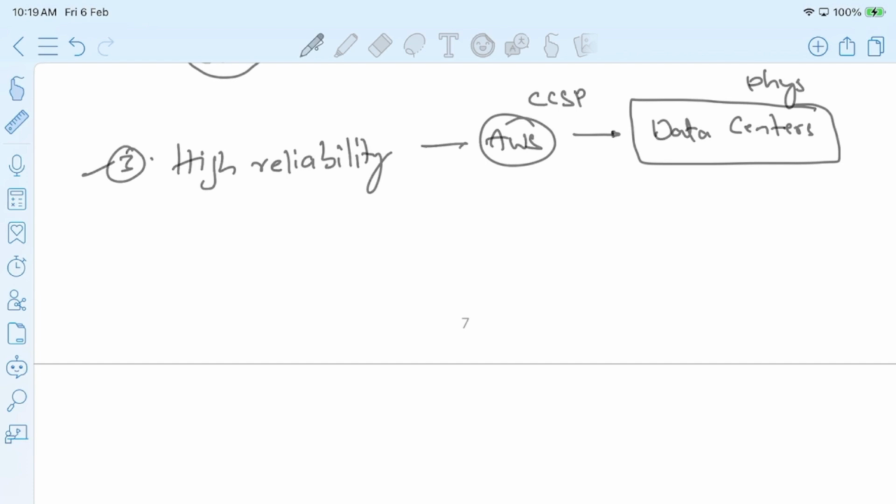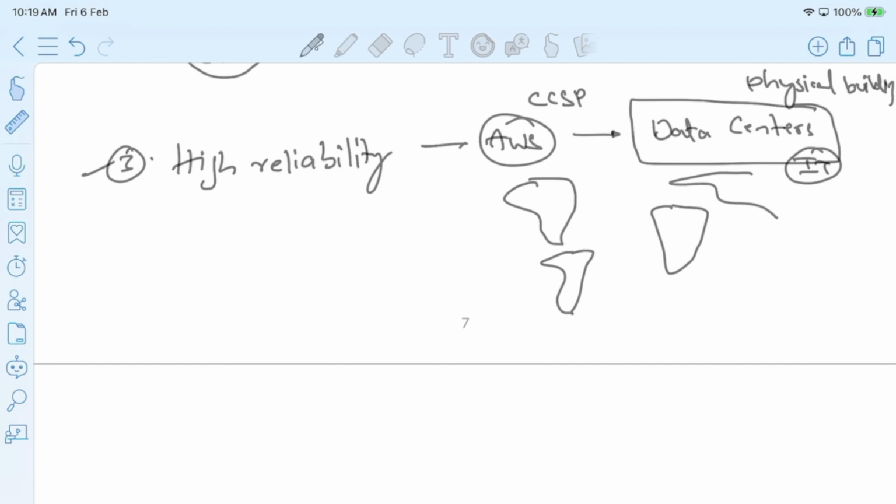These are the physical buildings where the IT resources are maintained with continuous power supply and a continuous cooling system. It means across the globe, like North America, South America, Africa, Europe, AWS has its data centers.